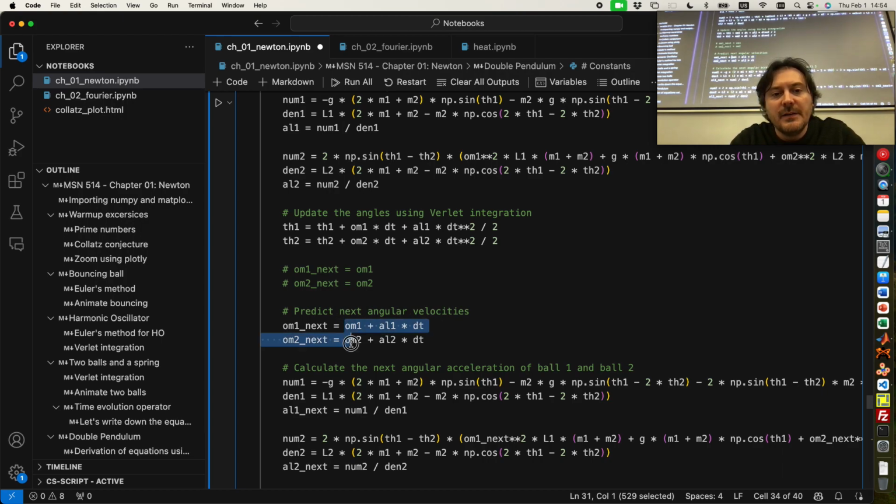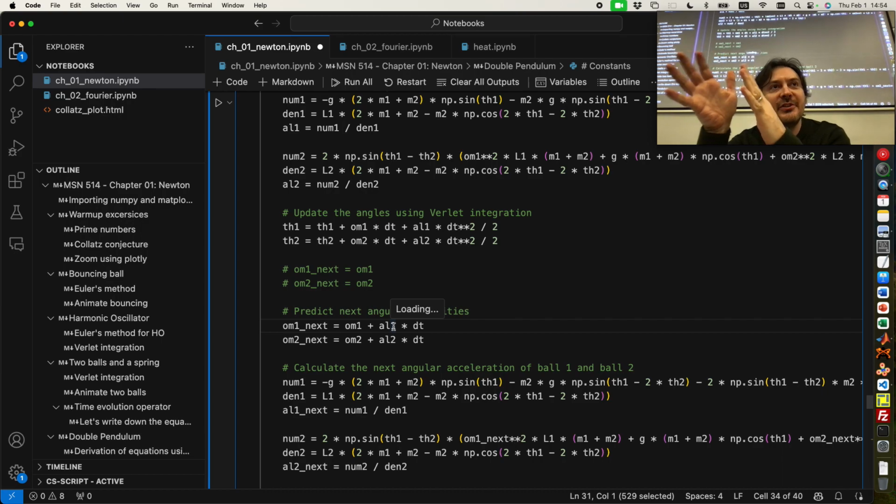Now, we have predicted the next angular velocities. And I don't know what it is called. Does anyone know what it is called? Do you understand what's going on? What's going on is the following. Before, acceleration was dependent only on the position.